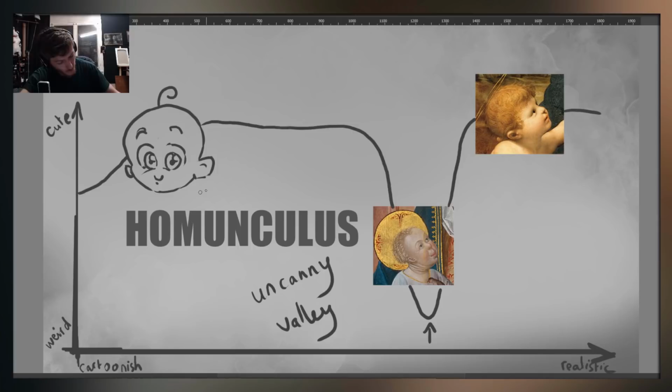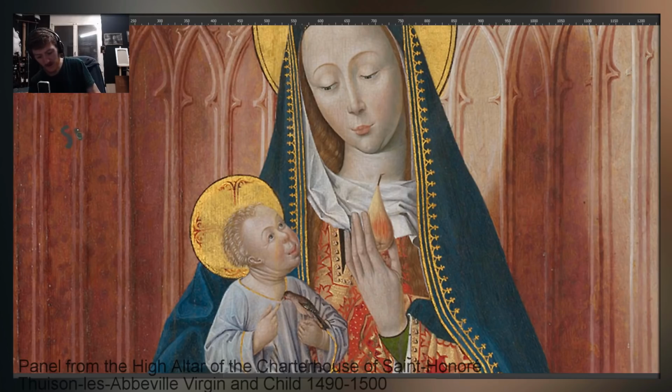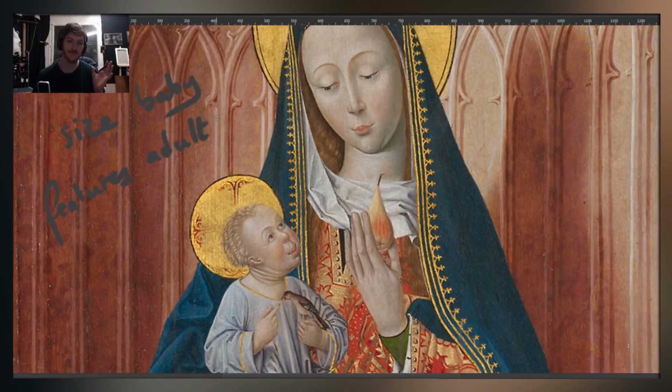So you end up with paintings where you have the size of a baby but the features of an adult, and this equals creep factor. That's why many paintings before the Renaissance look very weird.